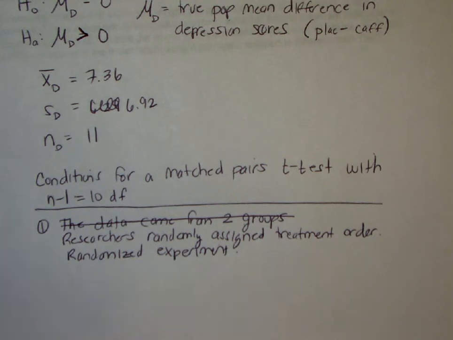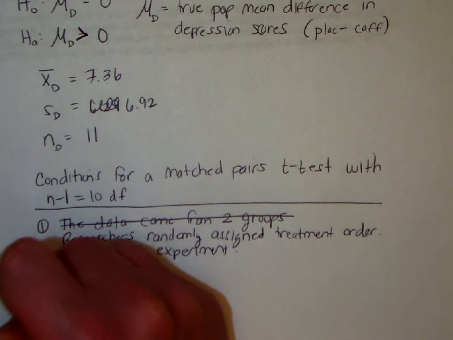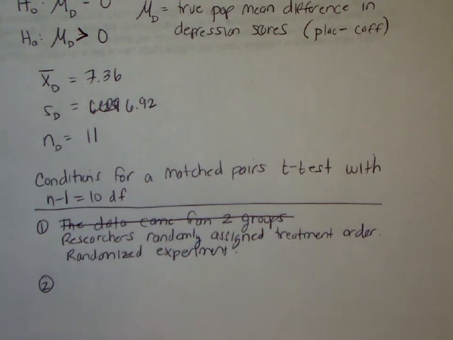Now, number two, which you guys, again, should be doing so fast and not really thinking about, is population greater than 10n. Well, the reason we check that condition is if you're sampling without replacement. Well, we're not sampling at all. It's an experiment.